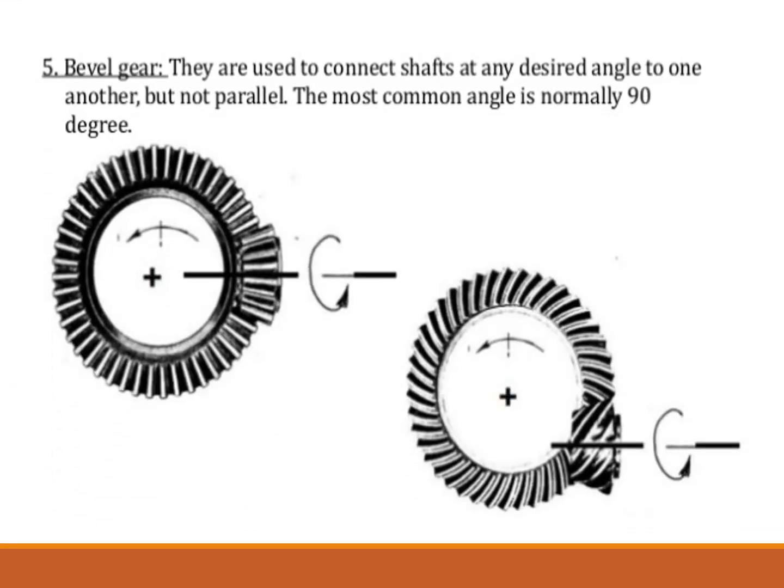Bevel gear. A bevel gear is one in which the teeth are cut so that they radiate from the apex of a cone and lie on a conical surface. A set of two bevel gears is used to transmit power from one shaft to another shaft which is not parallel to the first one.